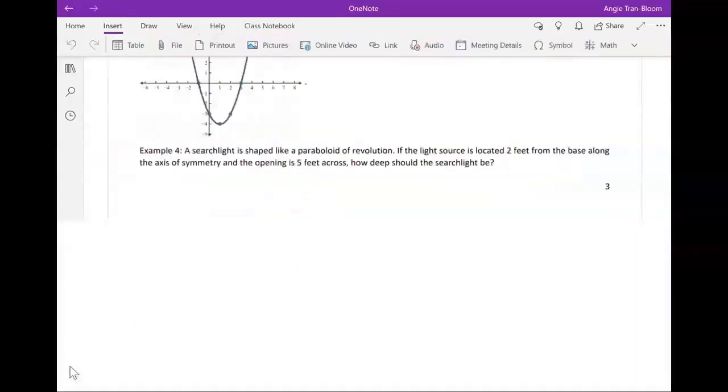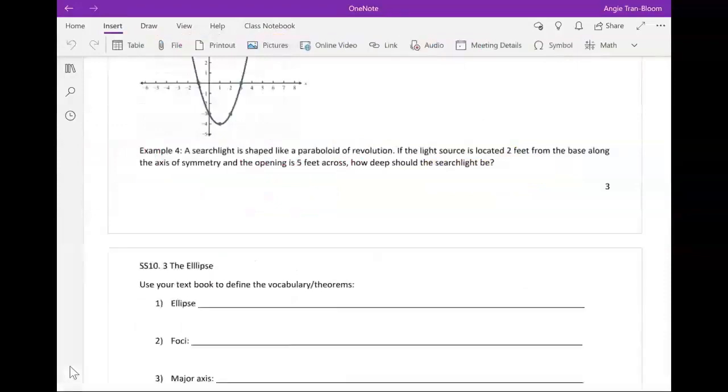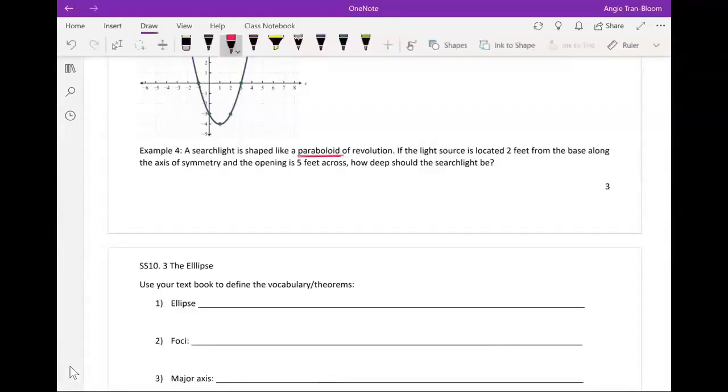And this is example 4 of section 10.2. A searchlight is shaped like a paraboloid of revolution. So a paraboloid, it's just a parabolic shape, okay? So it's a parabola shape of revolution. So just fancy terms for parabola.